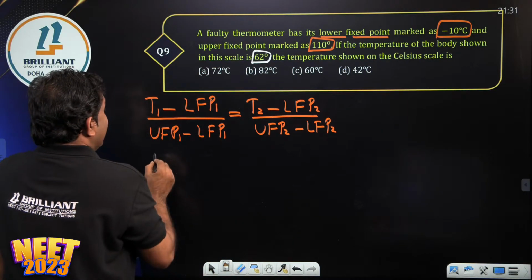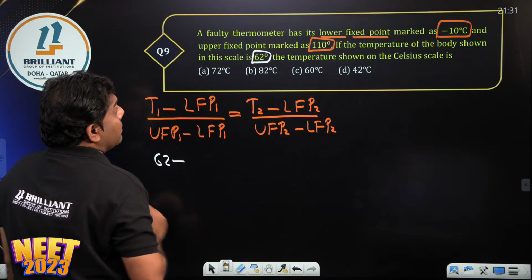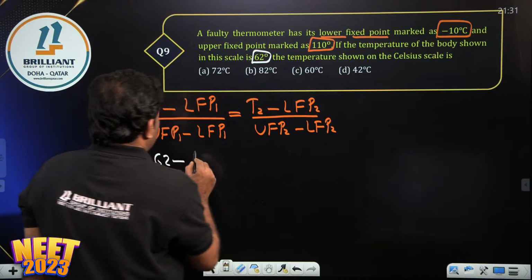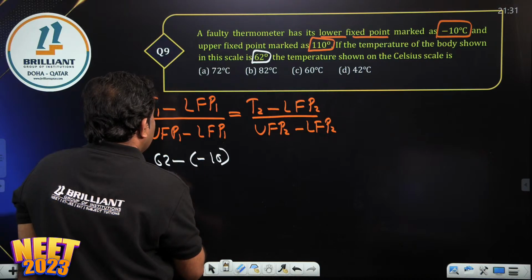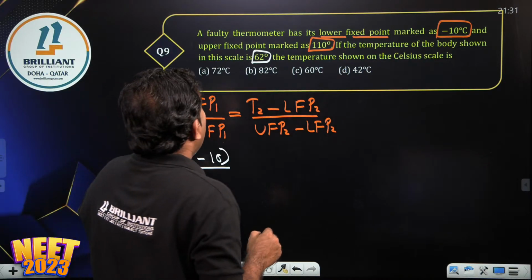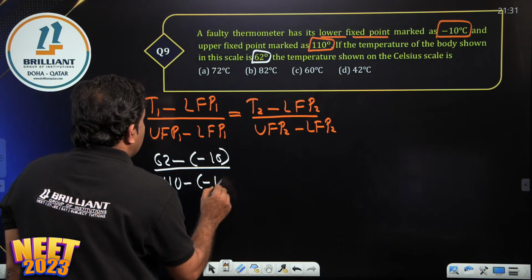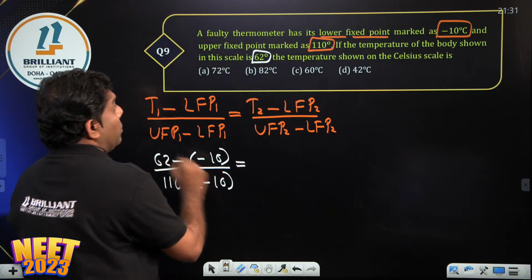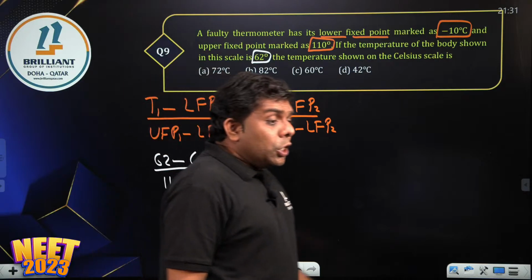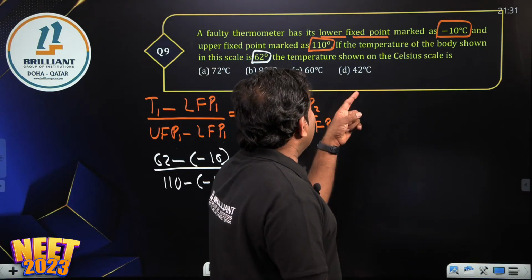Now we can say (62 minus L of P1, which is -10), divided by (upper fixed point 110 minus -10), is equal to the temperature shown in the Celsius scale.